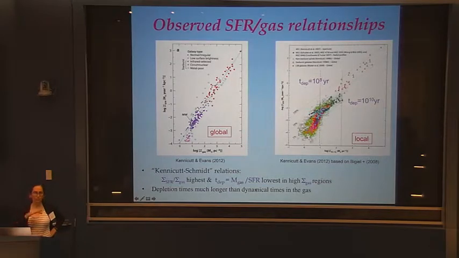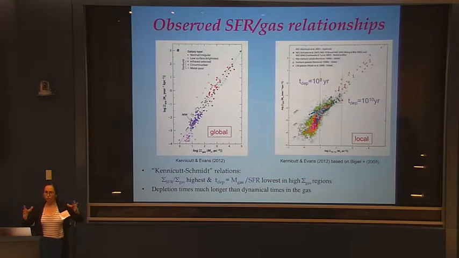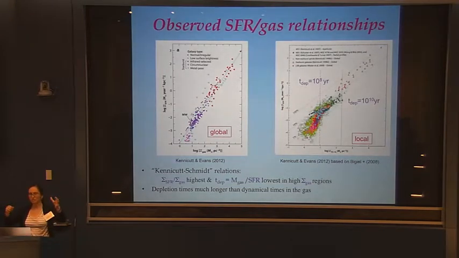Something I want to clarify is that when we talk about the depletion time, you shouldn't think of that as a cloud which is just sitting around for a gigayear until it uses up its gas. This is really just a way to characterize the star formation rate per unit gas mass. So don't think of it as actually just slow draining of material into stars. It's really much more evolutionary than that, or much more dynamic than that.